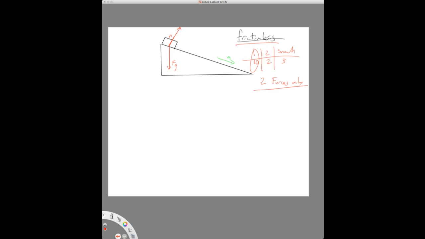Well, the answer is we just have to imagine moving the force of gravity and adding tail to head. So the net force vector just points right down the ramp.